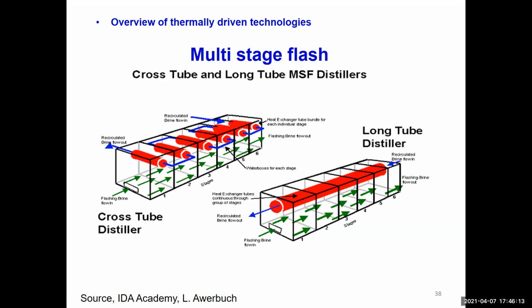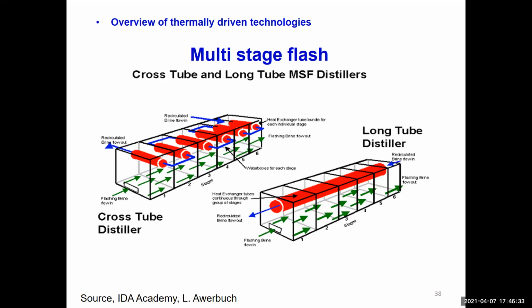But anyway, it might be losing some energy to the surroundings, in addition to the pressure loss due to the bends that we have here. But in terms of maintenance, it's easy to maintain.